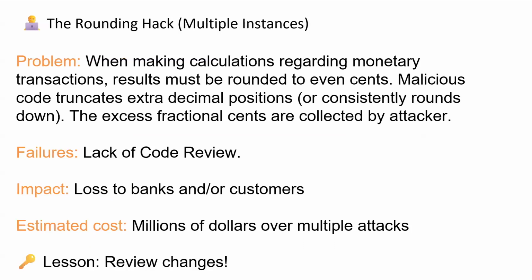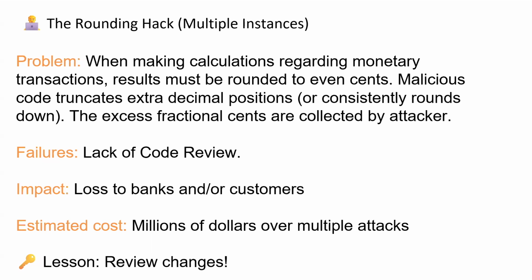This is a common one. This is one you see popping up all the time. The first time I saw a record of this is in a book called Computer Capers that came out in 1979, and this is what they call the rounding hack, where in interest calculations or wherever you're calculating monetary transactions where there are fractional cents, usually you want to round to the nearest whole cent.